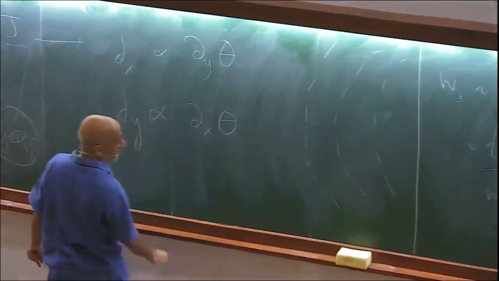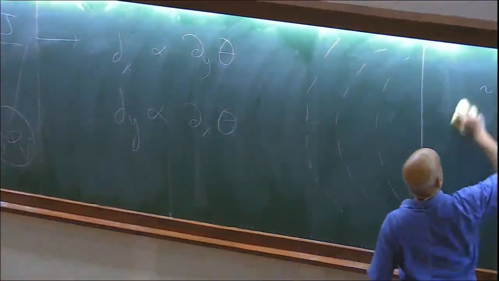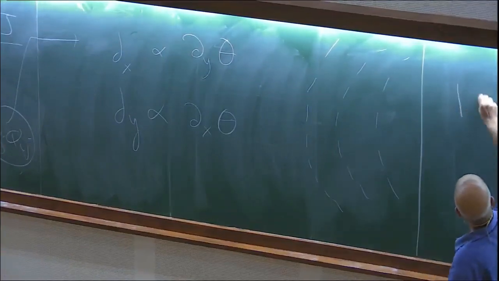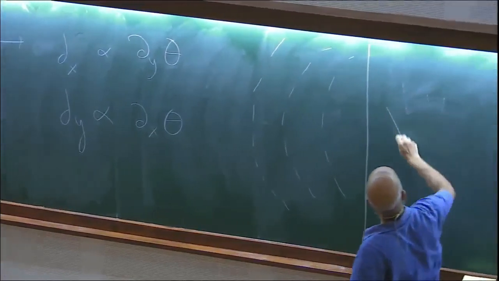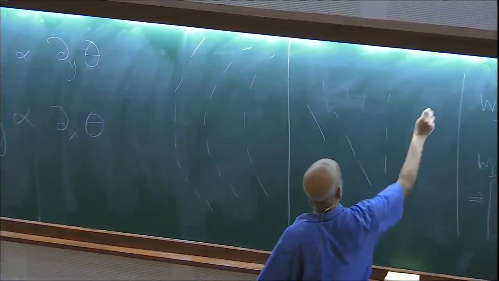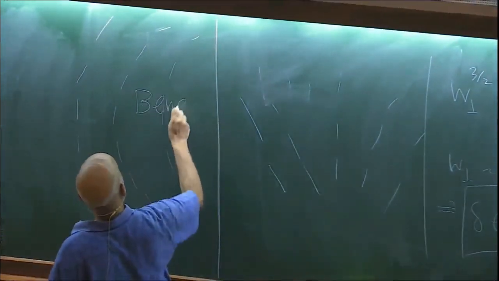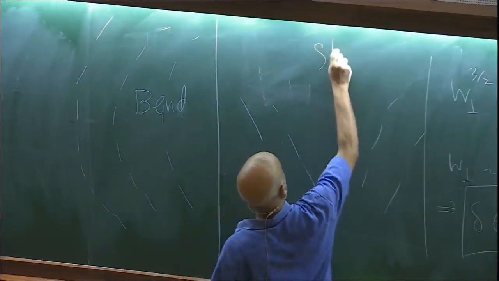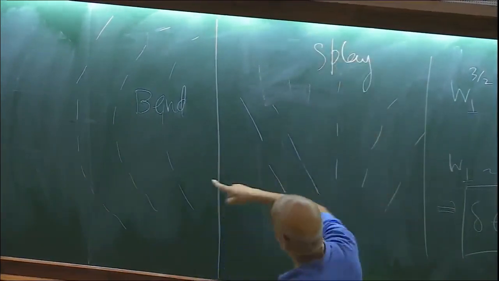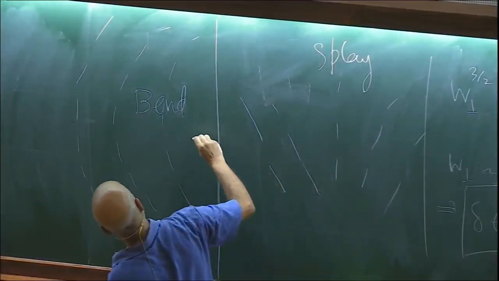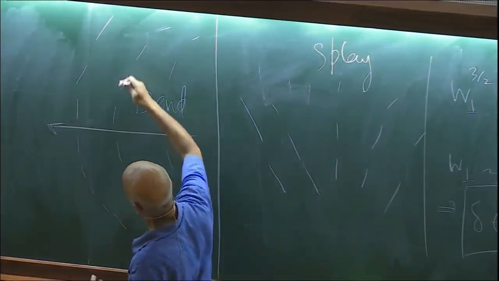Likewise, if you introduce a spatial variation like this, this is called bend, this is called splay. Both of these have a polarity. Let's say I choose the polarity always to point in the pointed direction.